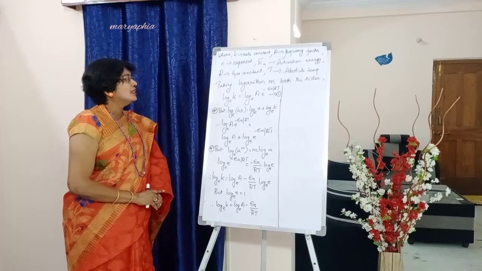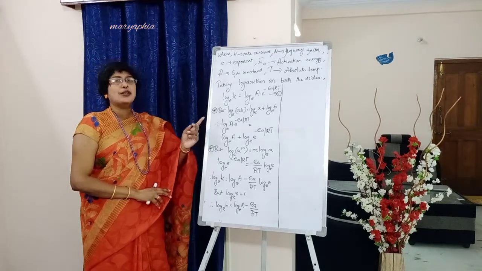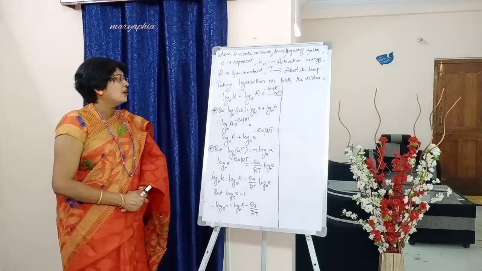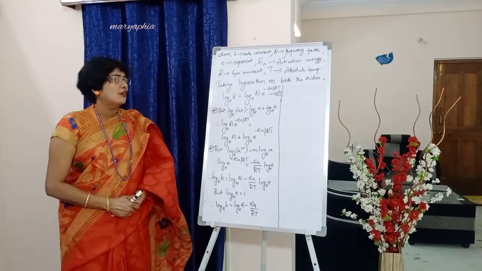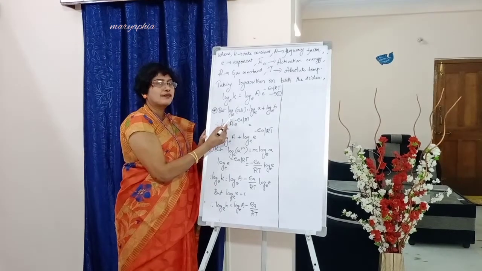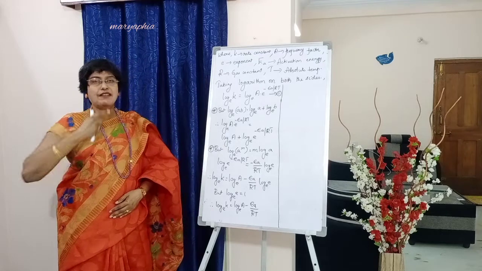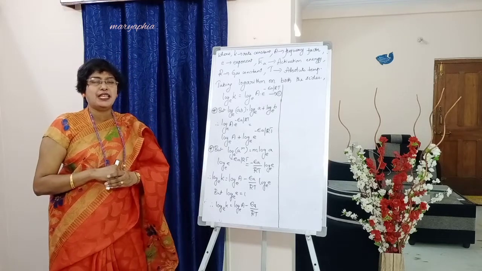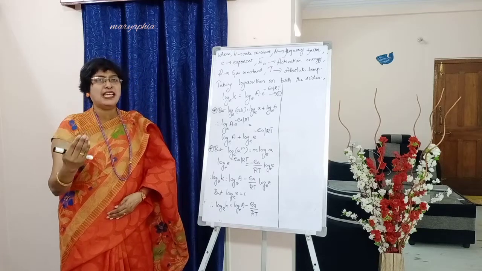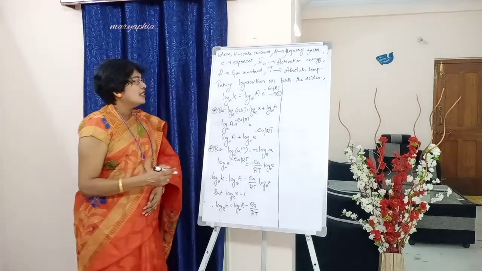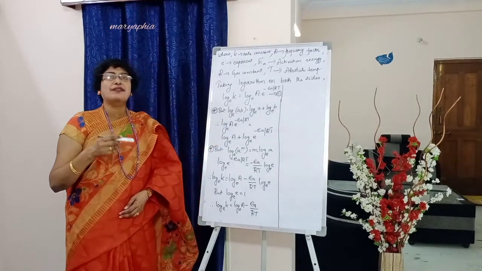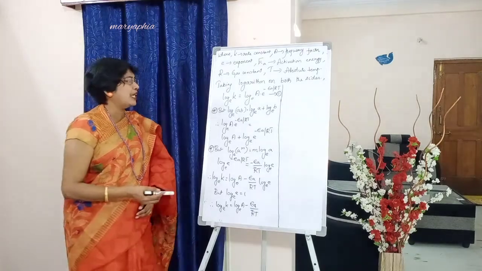Okay, now below write down, put a star mark and write down: but we know that log of a into b base e. So how will we write this log of a into b to base e? Log of a to base e plus log of b base e. Log of a into b is written as log of a plus log of b.